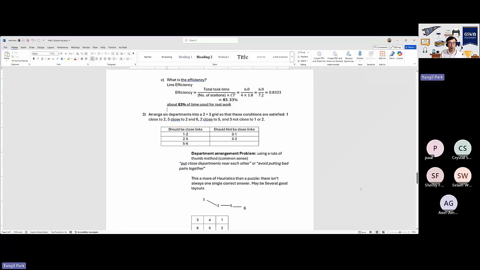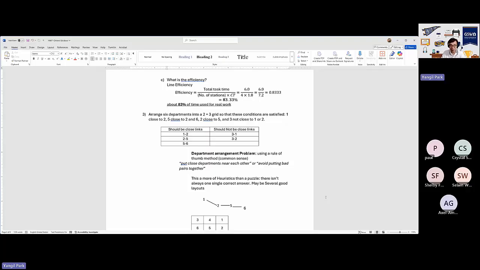Next one is more of a department arrangement problem. That's what they call in operations management, the department arrangement problem. It's more of heuristics again. Heuristics is more like there's no mathematical formula or equation to prove or test. So it's more of applying a rule of thumb or common sense.